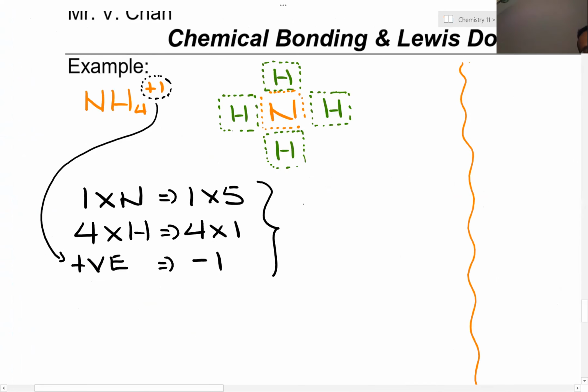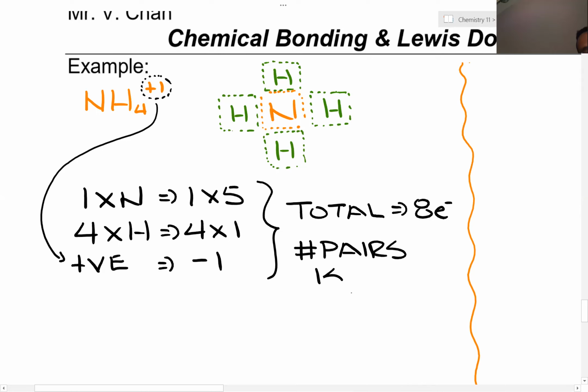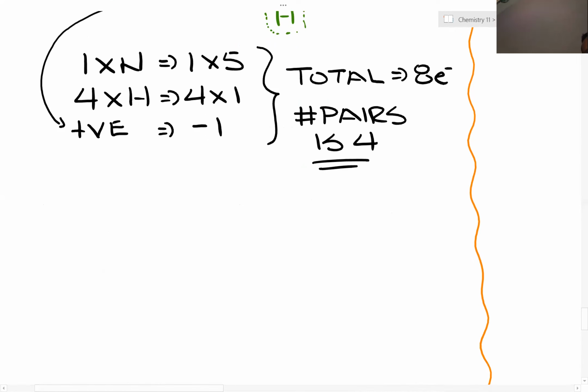In total, we have 8 electrons. Total is equal to 8. And the number of pairs is 4. Now, what do we do?